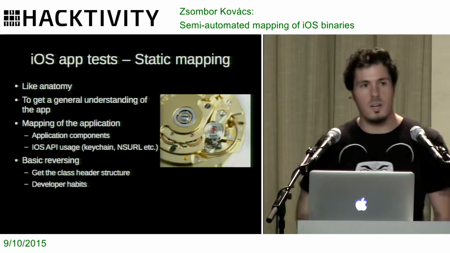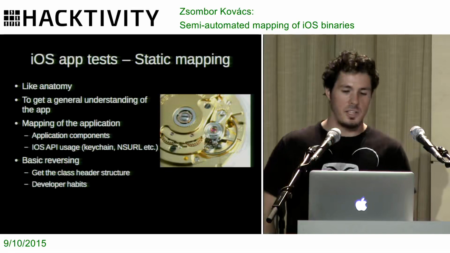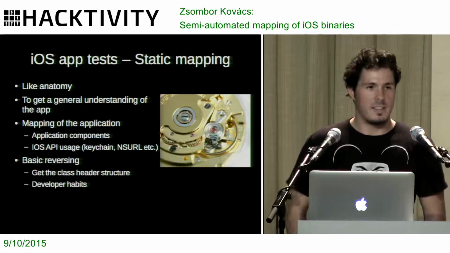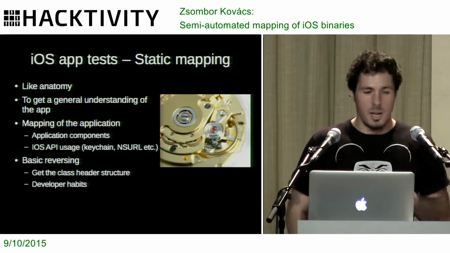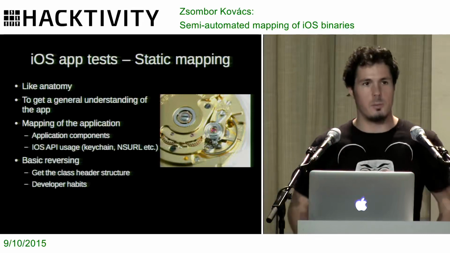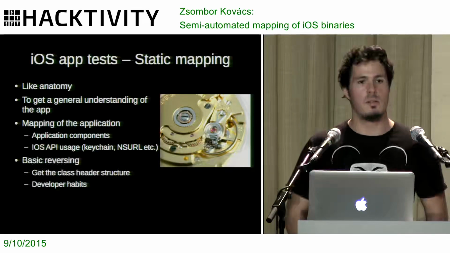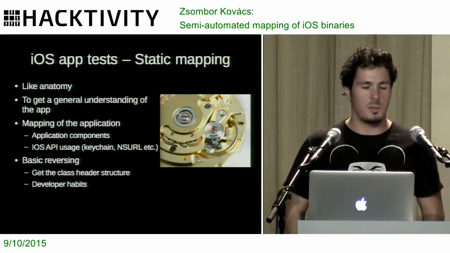A little bit about iOS application testing. The first phase is, as in all pen tests, static mapping, and there's a whole bunch of letters on the slide. I won't read everything aloud, but you can grasp what this phase means.